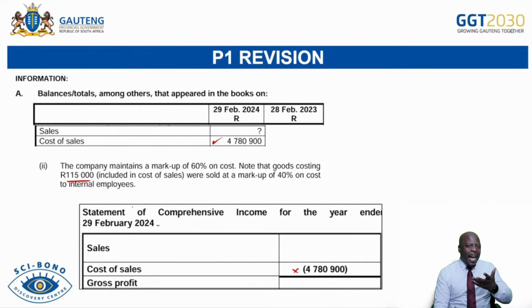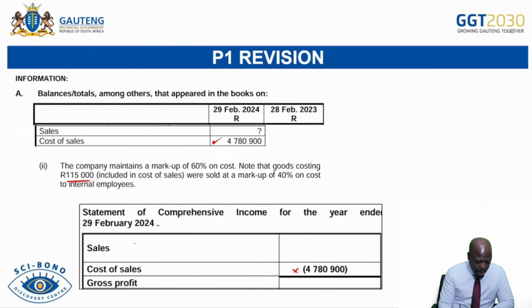So the examiner can play around with these ones. I've seen one where they say they were sold at 20% below cost. These ones are not sold below cost. They are sold at a different markup. Instead of 60, they're being sold at 40. So you need to expose yourself to different calculations as well.